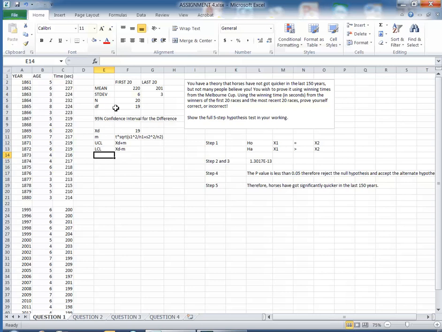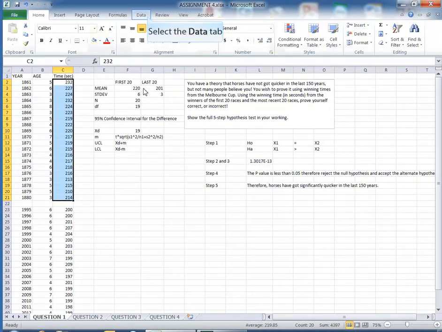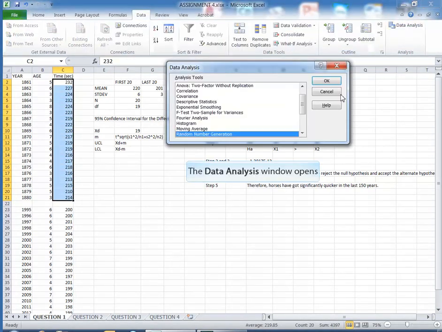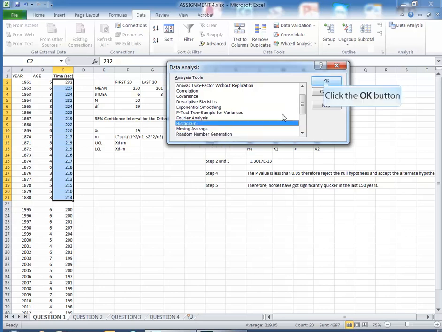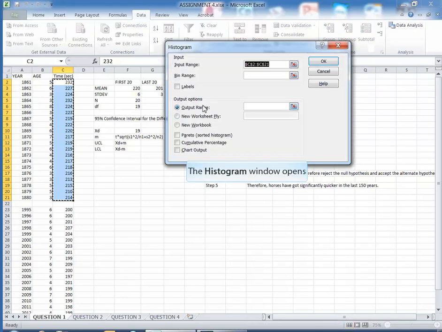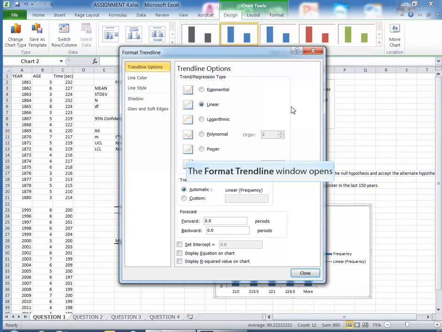So let's remind ourselves a little bit of the theory of that. If I do a quick histogram of the data here for the first 20 years, I'll put it in here so we can see it. There's the data, then we'll make a graph of that.